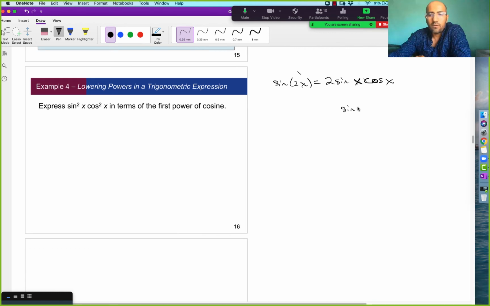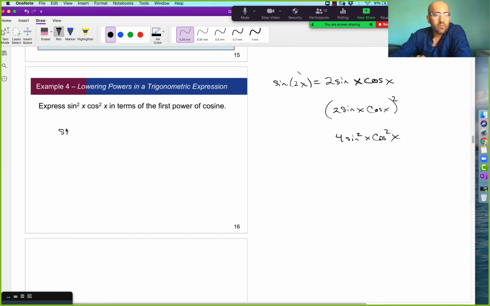So note that if I squared the whole thing, 2 sine x cosine x, I would end up with 4 sine squared x cosine squared x. So that's what this kind of looks like, except it's missing the 4.